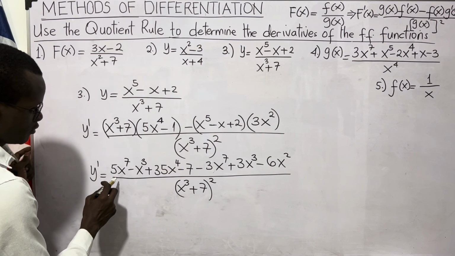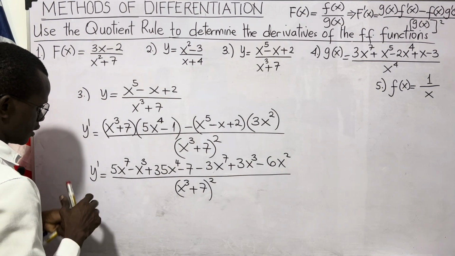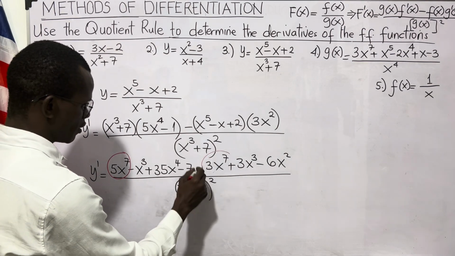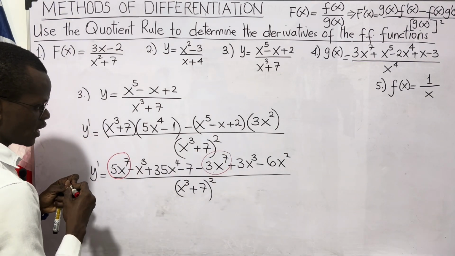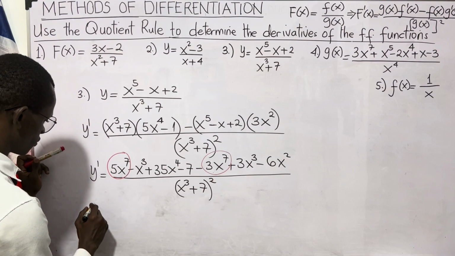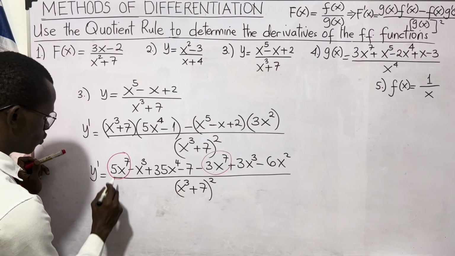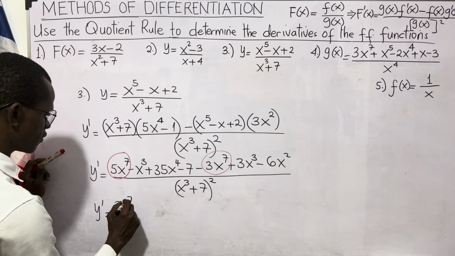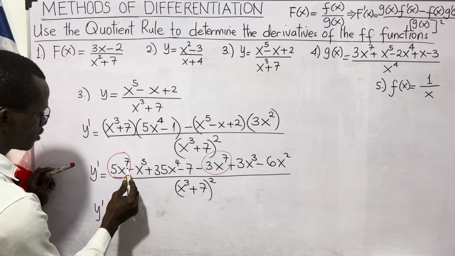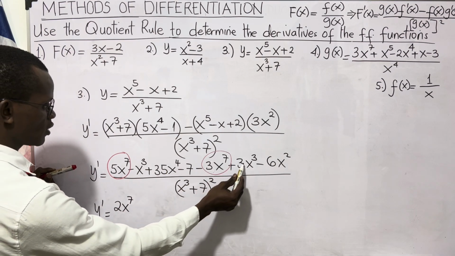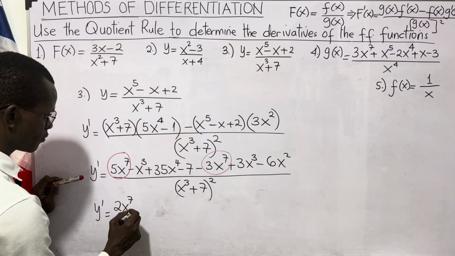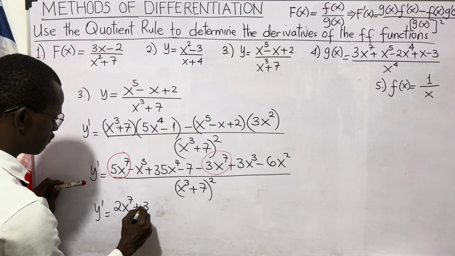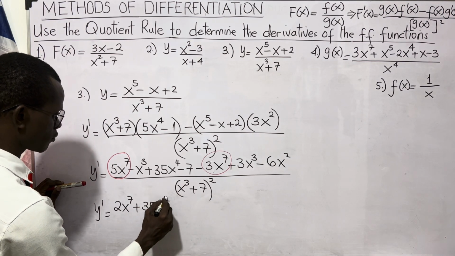So we collect like terms. 5x to the 7th power and 3x to the 7th power are like terms. So we can subtract 3 from 5, we get 2x to the 7th. Move to the next one, minus x cubed plus 3x to the 3rd power. So let's take the 4th power first. We have plus 35x to the 4th.